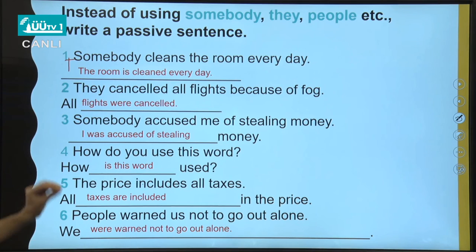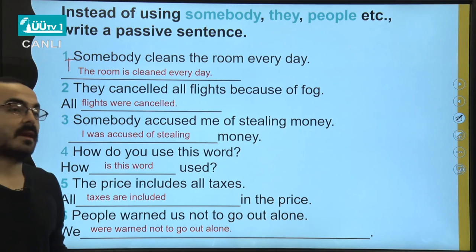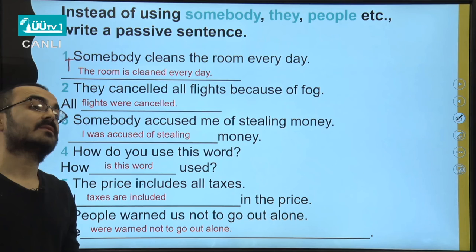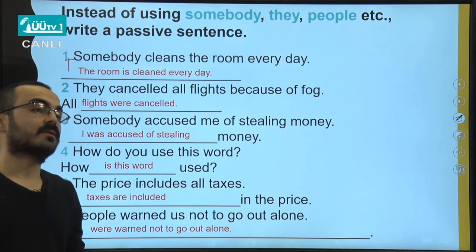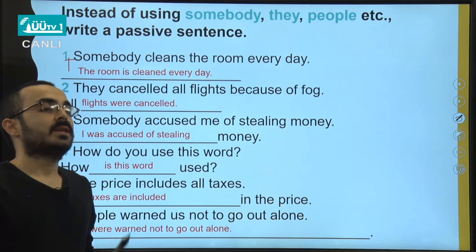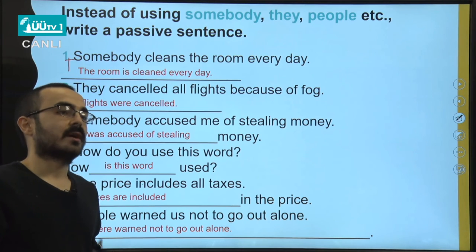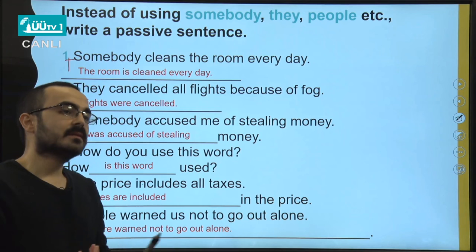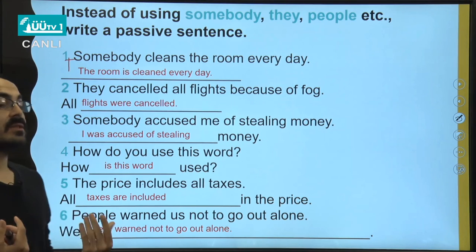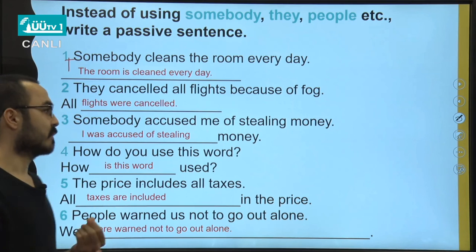So again, what are we doing here? In order to understand passive voice, we need to understand who does the action of the sentence. For example, if I am giving you the pen, the pen is given to you, right? So this is about the relationship between the action, the doer of the action, and the object of the action, right?